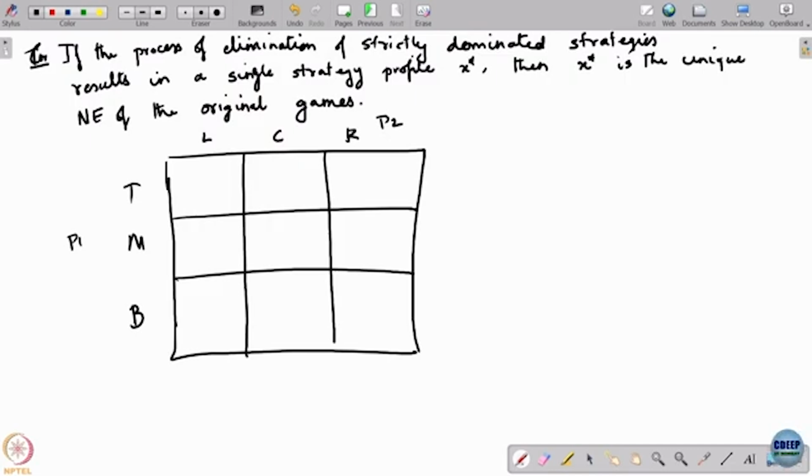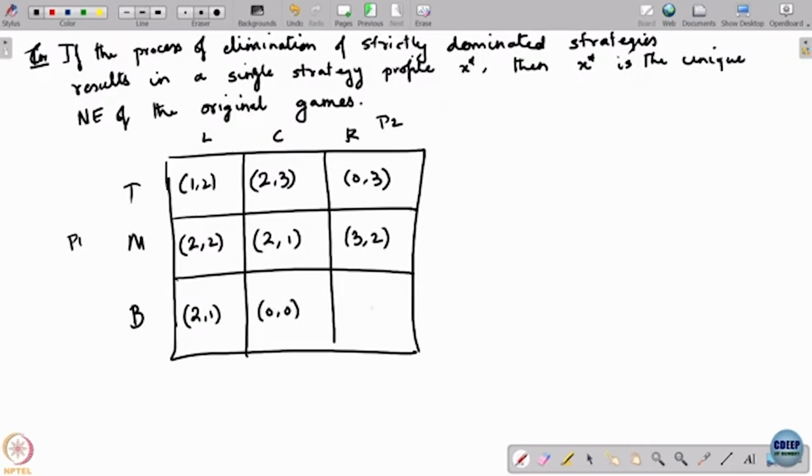Player 2 has 3 strategies, left, center and right. Okay, and the payoffs are these: 1, 2, 2, 3, 0, 3, 2, 2, 2, 1, 3, 2, 2, 1, 0, 0, 1, 0. And again both players are maximizing.